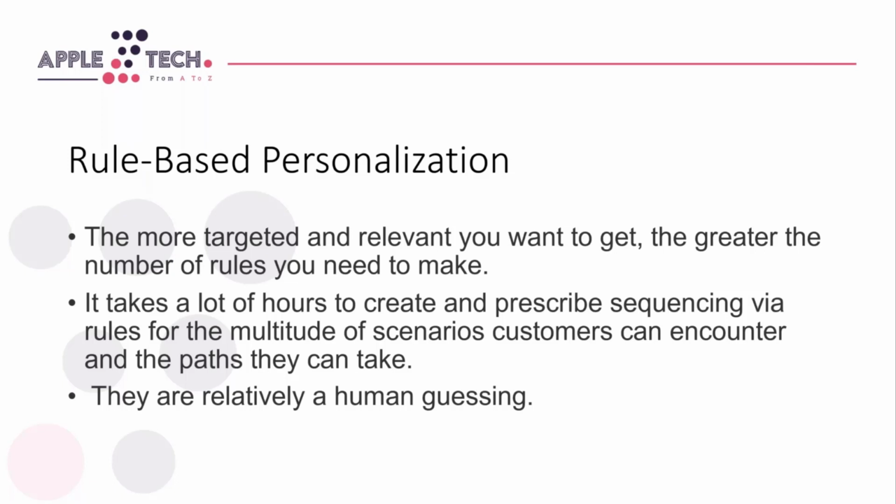And a final thought around rule-based personalization, and again, this is one of the most powerful personalization tactics we have in Sitecore, but still we have some kind of reliance on human guessing.